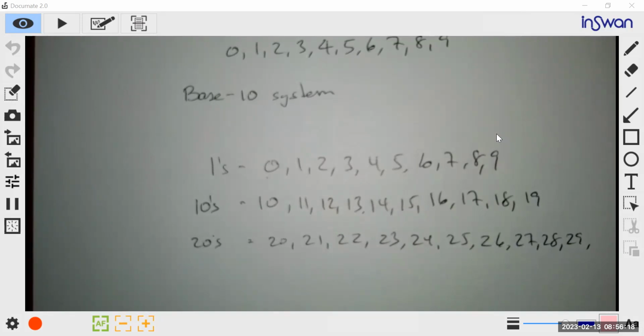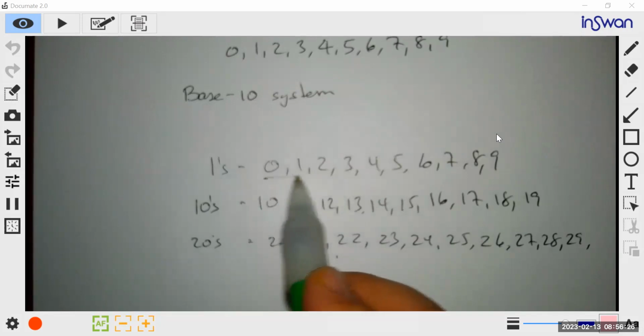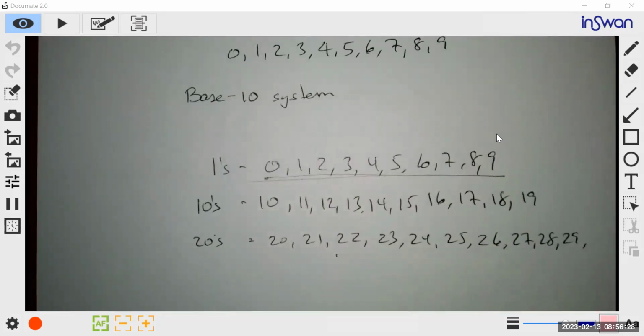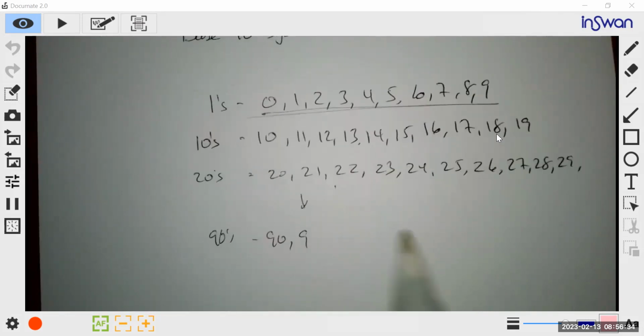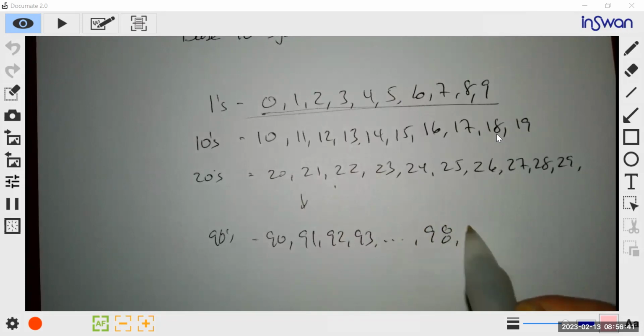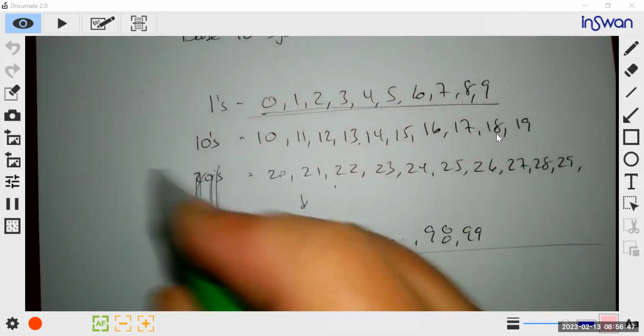It has 10 numbers before it goes on to the next level. So this is only 1-digit numbers. And then all of these are 2-digit numbers. Not 20s. These are all 10s.